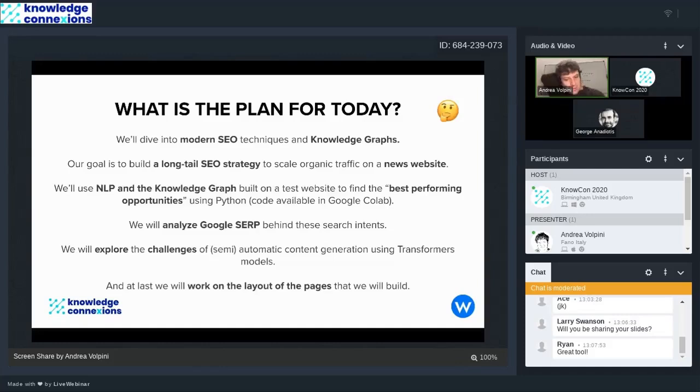Among these, we will explore the natural language generation part. And then we will look at the layout of the page, and see the way in which we can create it. So our goal is, at the end of it, to be able to create pages that can go after long tail queries.